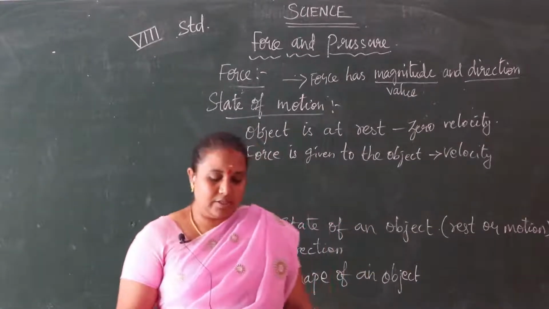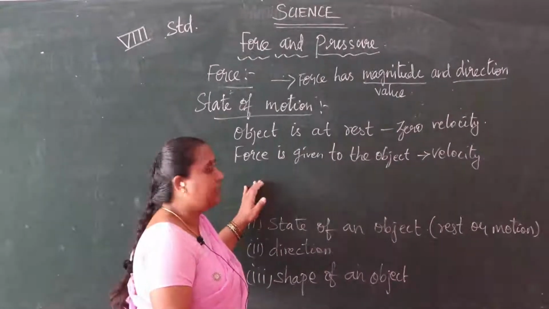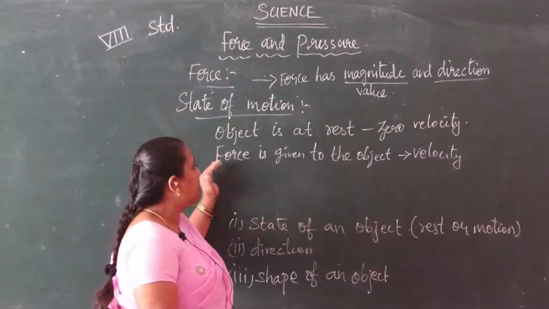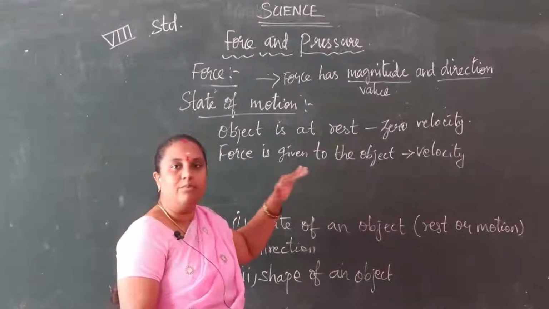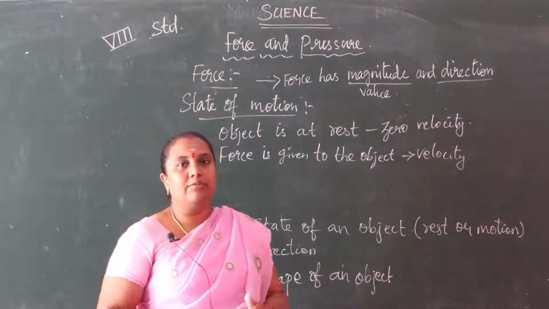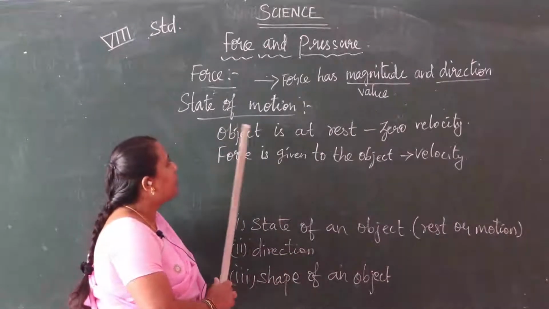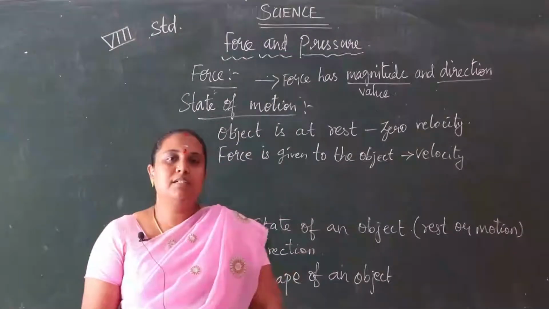So here we have the object versus changes in its velocity. An object at rest means zero velocity, and an object in motion means there is a velocity based on the given force. The state of motion is based on inertia. What does inertia mean?